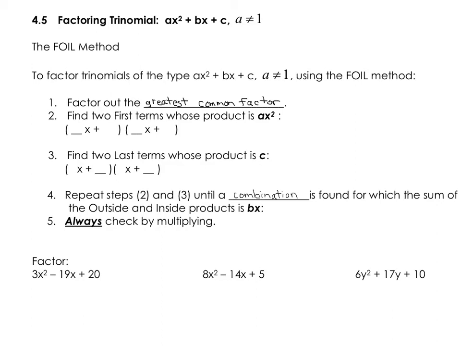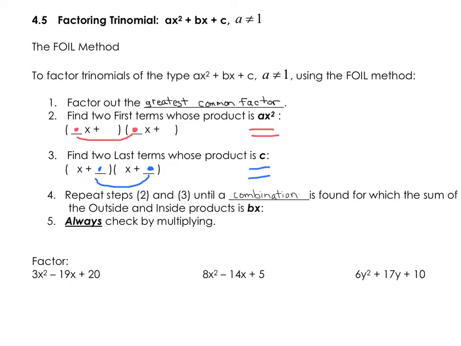We need to choose two numbers in the first position that will multiply and give us ax squared. We then will choose two numbers to put in the last position that will multiply and give us c.